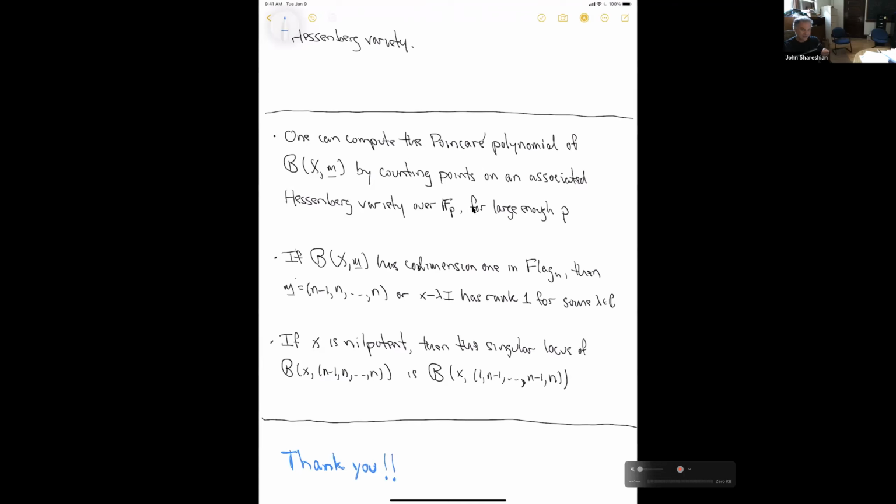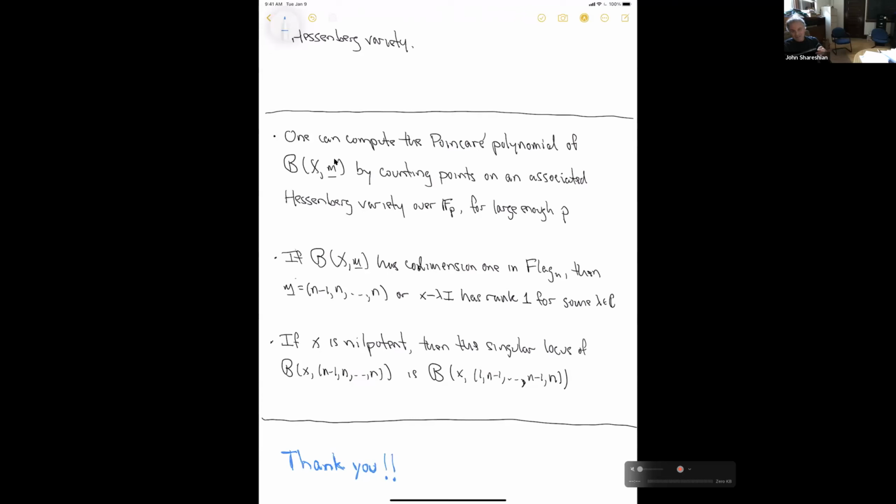You can define a Hessenberg variety over F_p in the same way. And it turns out if you take large enough p, if I start with an integer matrix, say in Jordan form, I take large enough p and I count the points, it turns out it's a polynomial point count. And what polynomial? Well, essentially the Poincare polynomial, except since the cohomology is concentrated in even degrees, I have to use the square root of q instead of q.